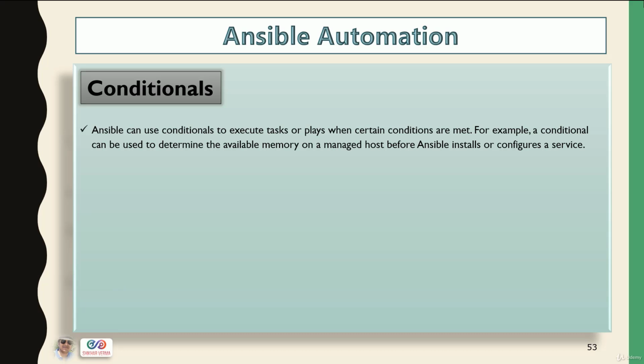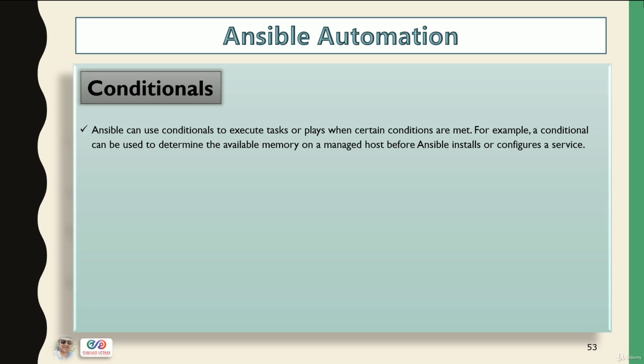Suppose in my environment 50 servers are there and I need to install a package, but I have a condition. My condition is that the package should only be installed if the available memory on the managed host is greater than 4 GB. So this is a condition I have with the installation of the package.